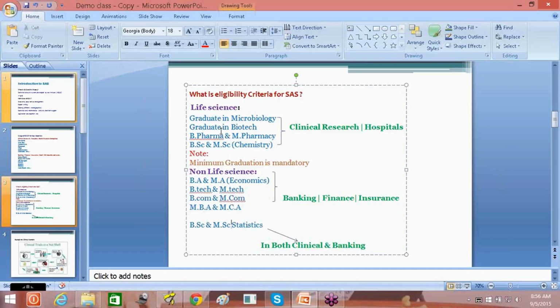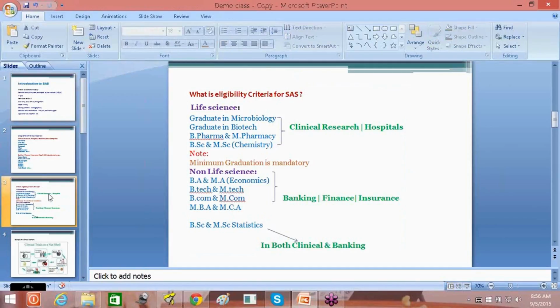As a clinical SAS programmer in a clinical company, if you get a task and want to generate a report, you need to follow some documents. Those documents will be prepared by these people, BSc or MSc statistics. That is why these people are required in industry. Wherever you are using SAS software, these people will be there. Okay, I'm going to the next slide.